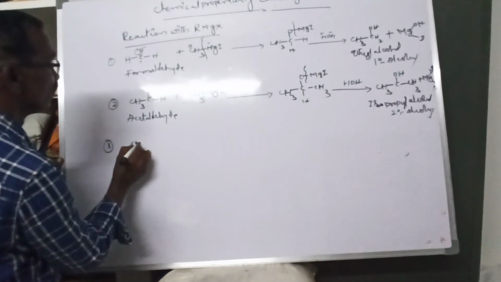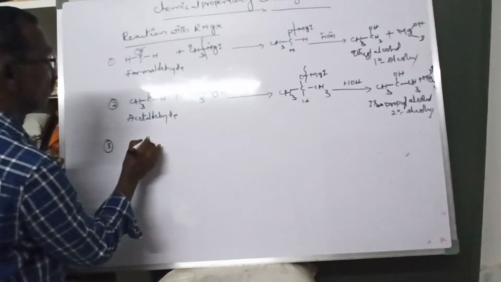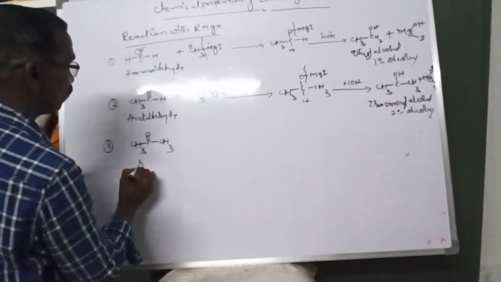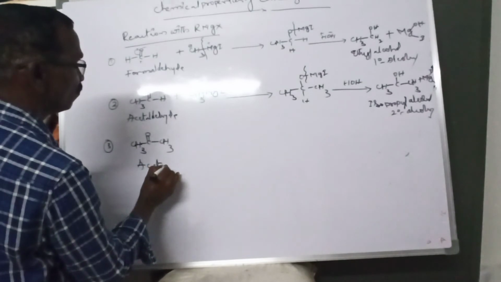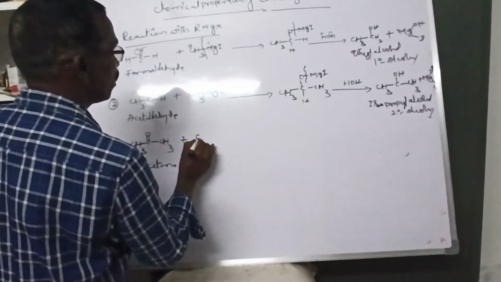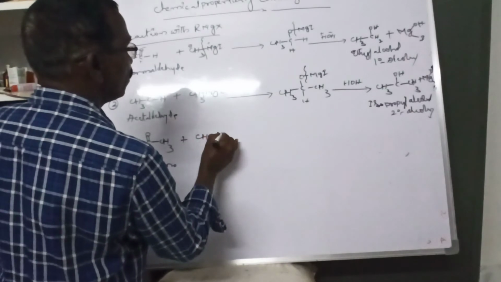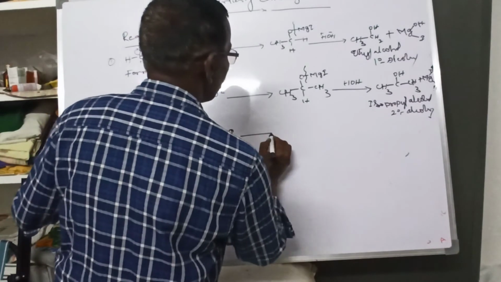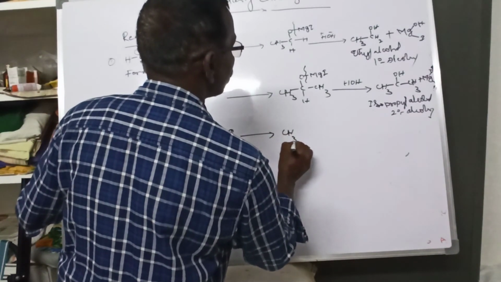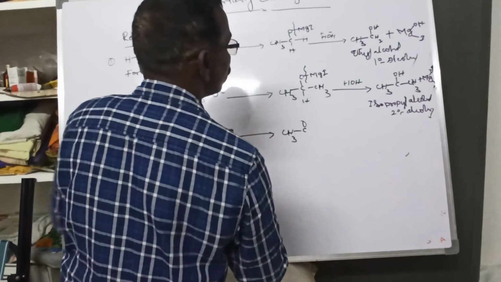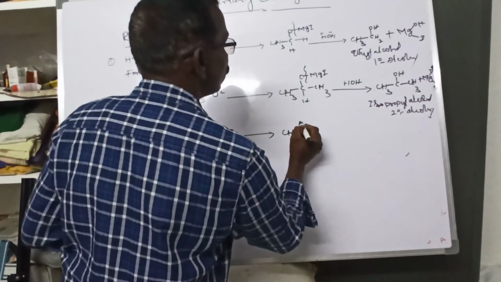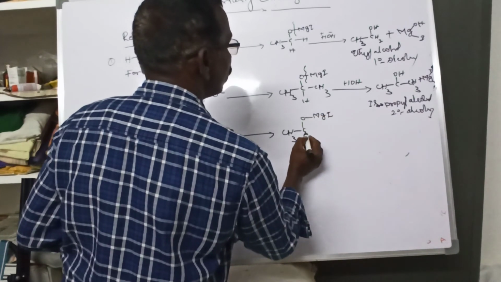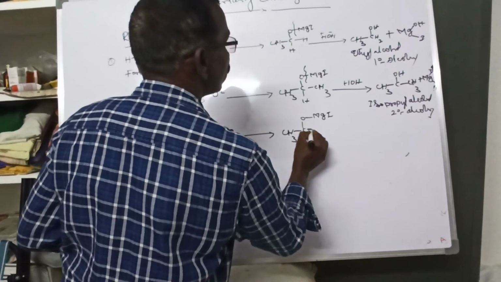Take CH3 C double bond O CH3, that is acetone, and add Grignard reagent, methyl magnesium iodide, to form the intermediate compound, CH3, C, CH3, O MgI, with another CH3.